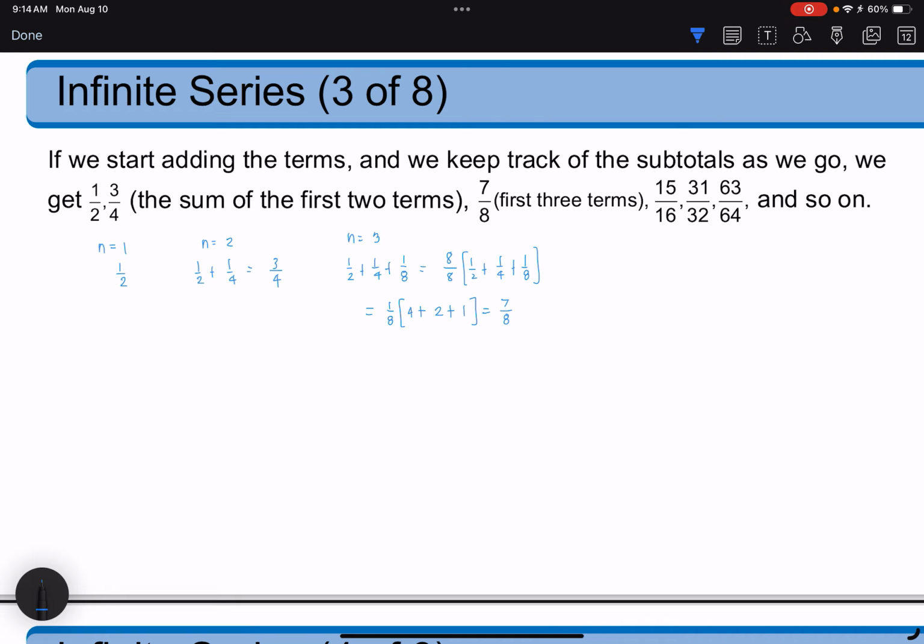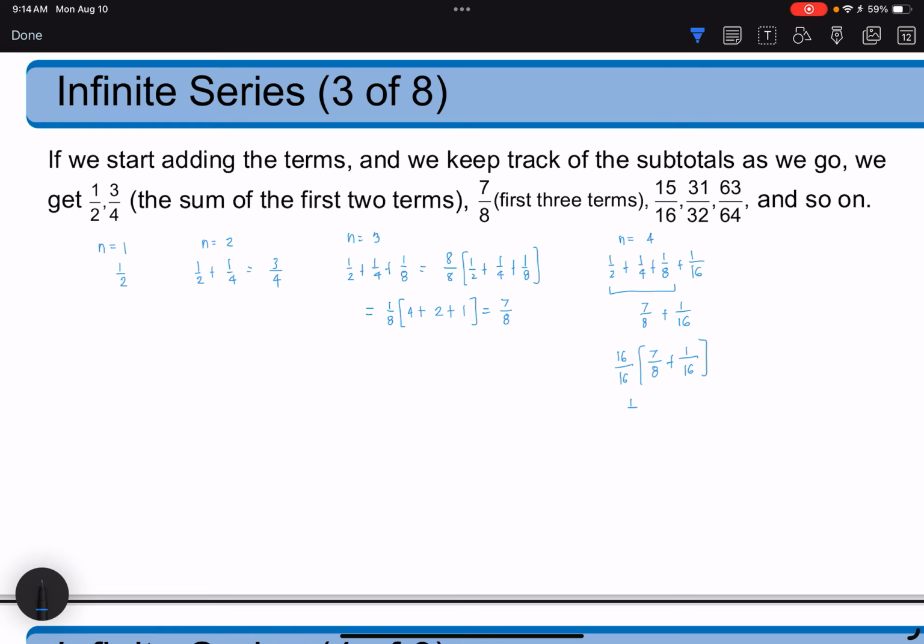And then when n equals 4, it would be 1 half plus 1 fourth plus 1 over 8 plus 1 over 16. So this is 7 over 8 plus 1 over 16. We can have 16 over 16 times 7 over 8 plus 1 over 16.